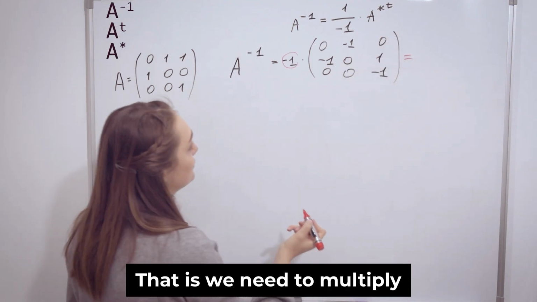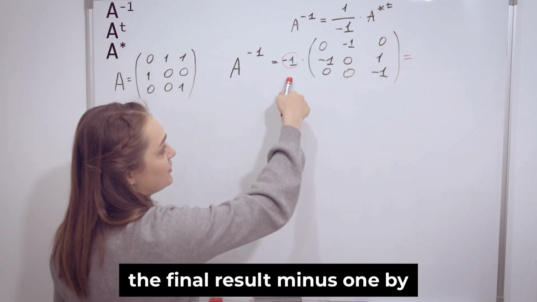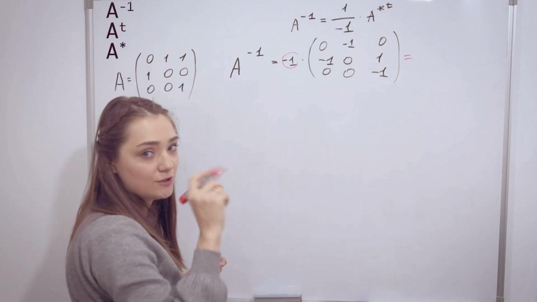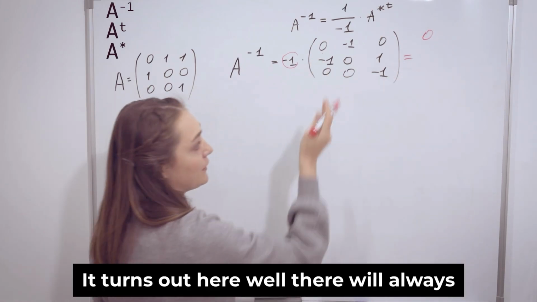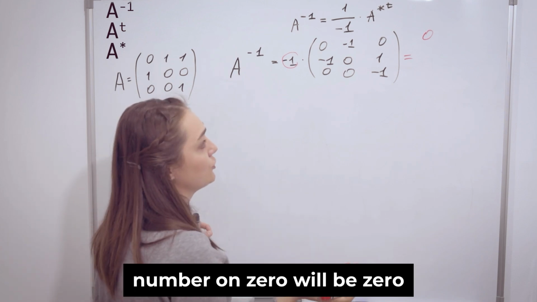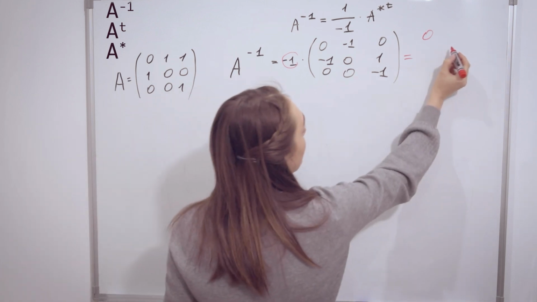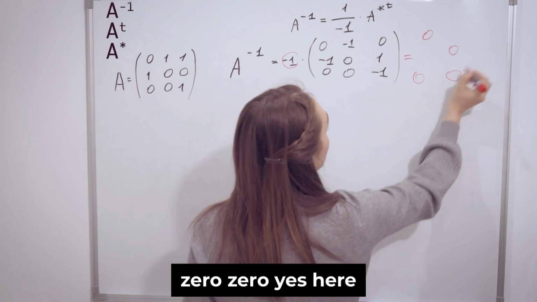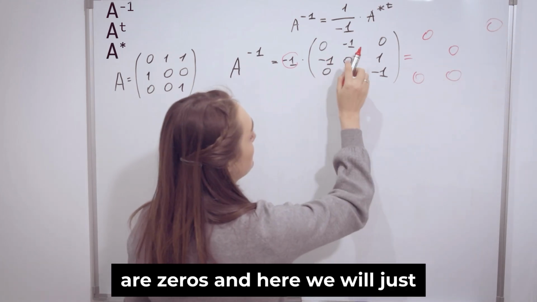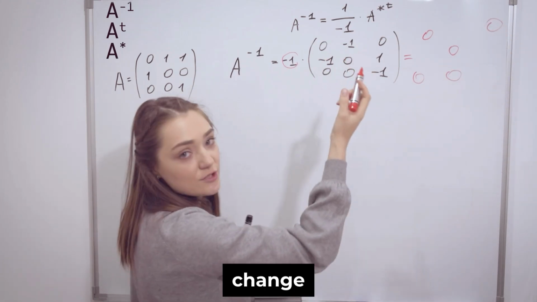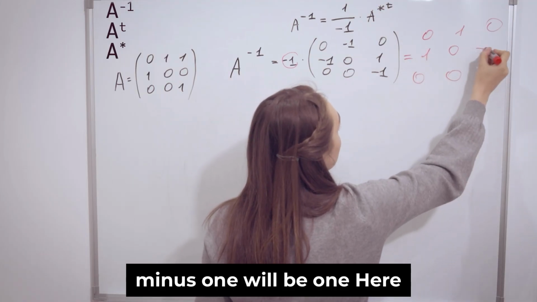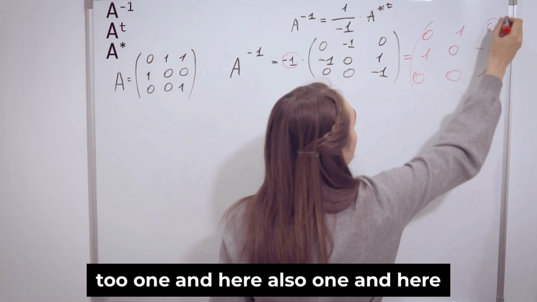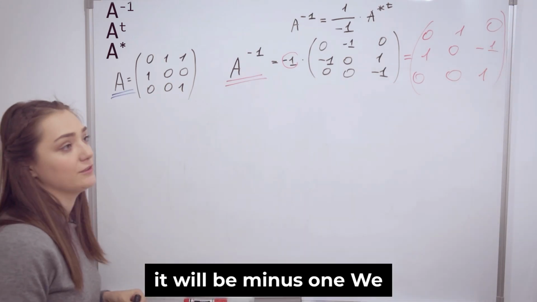That is, we need to multiply the final result minus 1 by each of the numbers in the matrix. There will always be 0 on zeros because any number by 0 will be 0. 0, 0, 0. Here are zeros, and here we will just change. We will have minus 1 by minus 1 will be 1. Here 1, and here also 1, and here it will be minus 1.